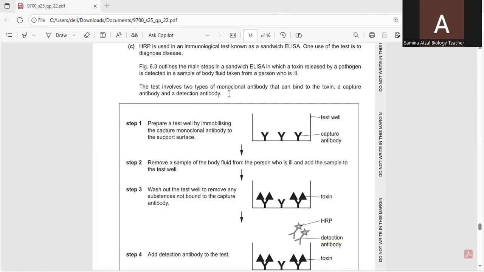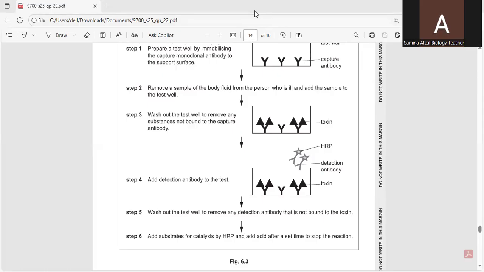Step one is to prepare a test well by immobilizing the capture monoclonal antibodies on the support surface. Second step, remove a sample of the body fluid from the person who is ill and add the sample to the test well. Step 3, wash out the test well to remove any substance not bound to the capture antibody.